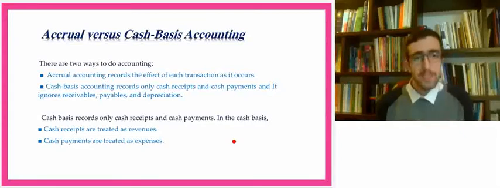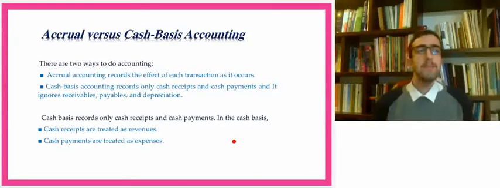But under cash basis accounting, we ignore this transaction because cash basis accounting ignores all receivables, all payables, and depreciation. In this transaction, we have payables, so we ignore this transaction.